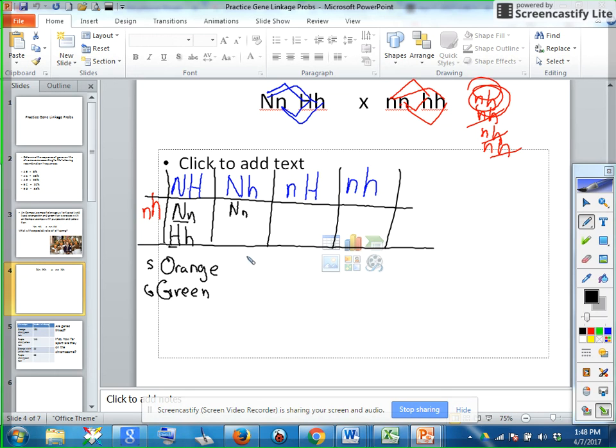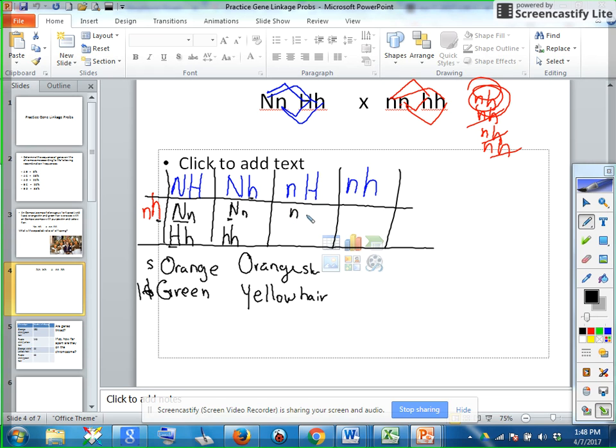So let's say this is going to have orange skin because he has a big N, but he's going to have two little h's. So he's not going to have green hair, he's going to have yellow hair. Okay. So this guy is dominant for the skin, but recessive for the hair.